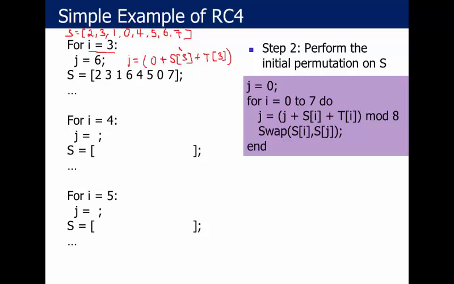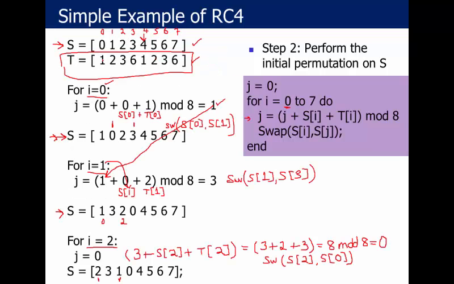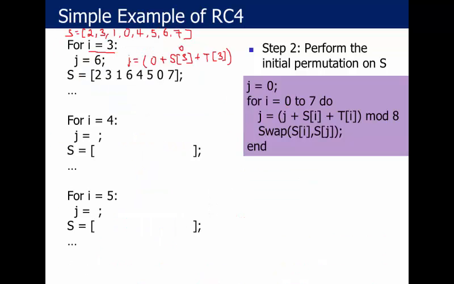There is a 0. Plus T of 3, which is number 6. So this is a 6. 6 modulo 8, the remainder is 6. So that is a 6. So finally we need to swap.